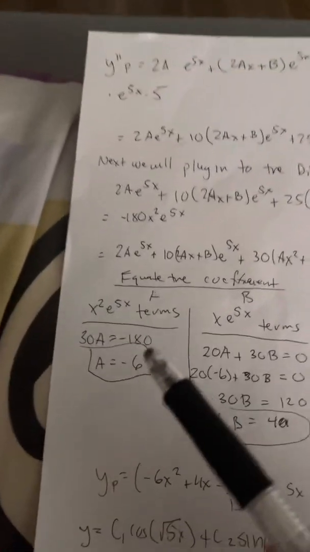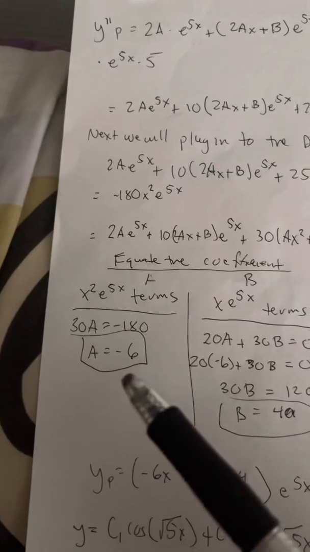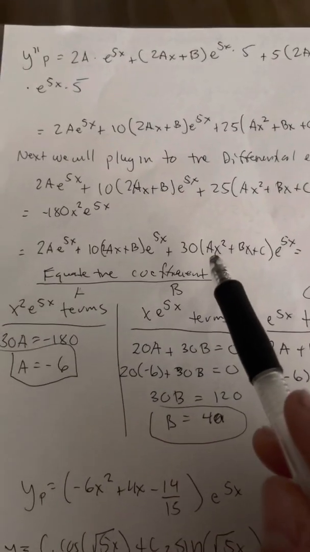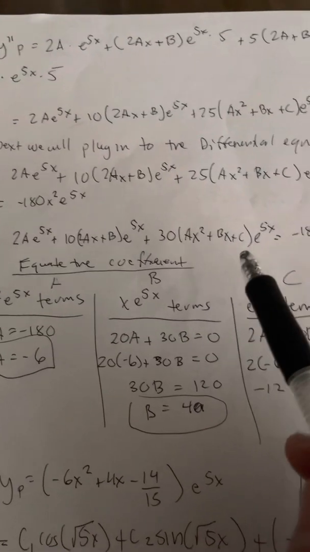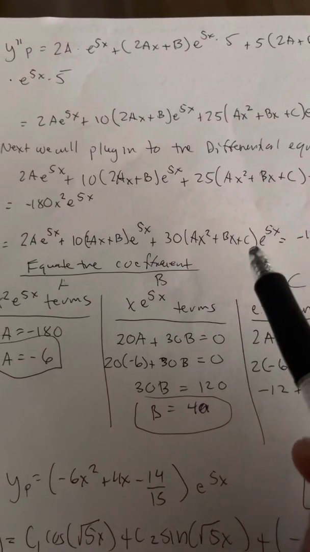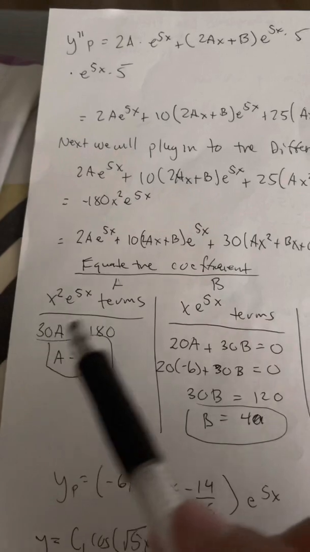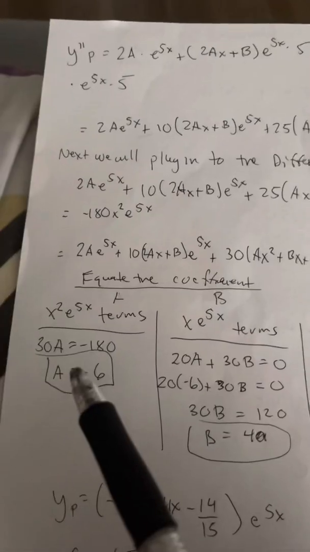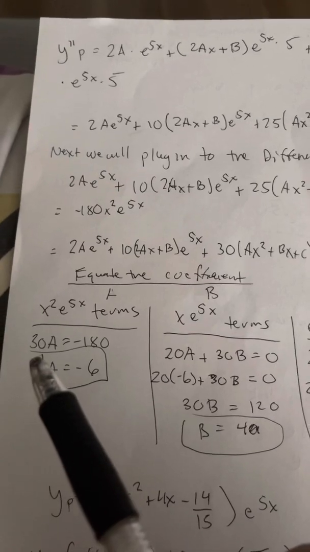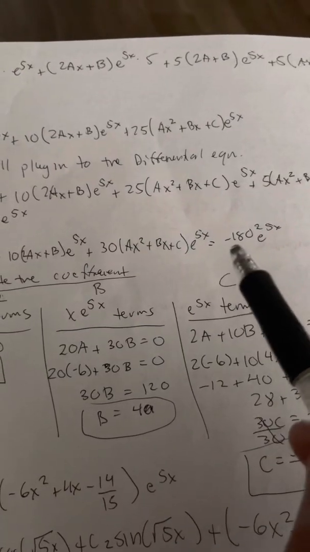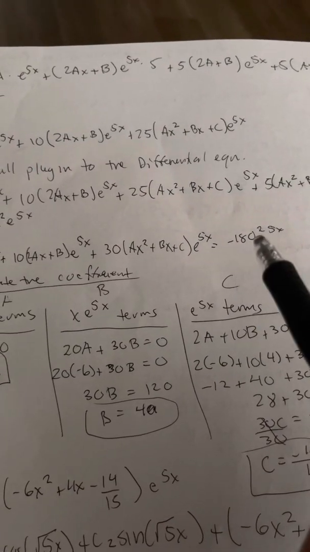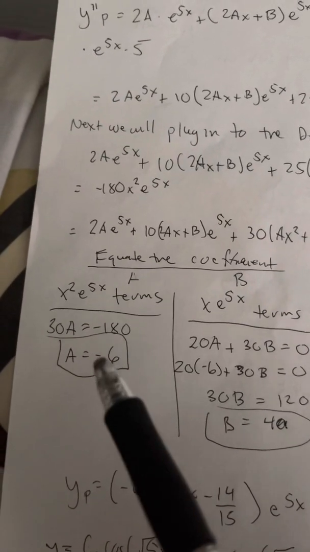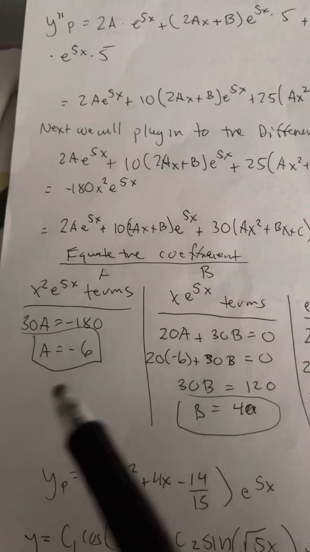For the first one, if you look at this third term right over here, 30ax squared e to the 5x matches the terms that we're looking for. So we'll solve for a. So 30a, we'll set it equal to negative 180, because there's an x squared e to the 5x right over there. If you solve for a, it will be a equals negative 6.